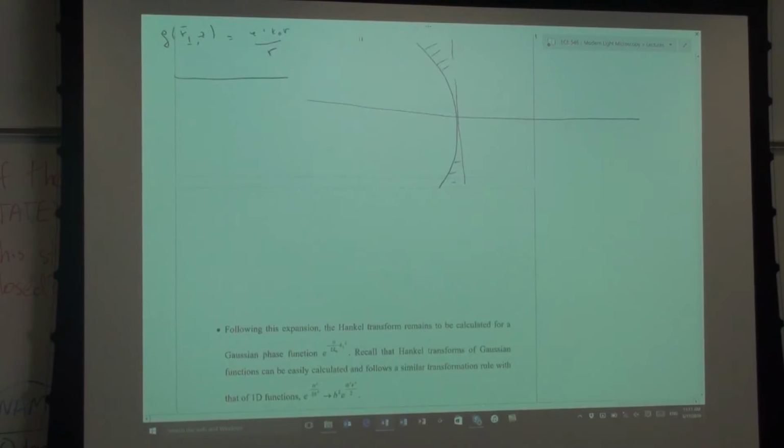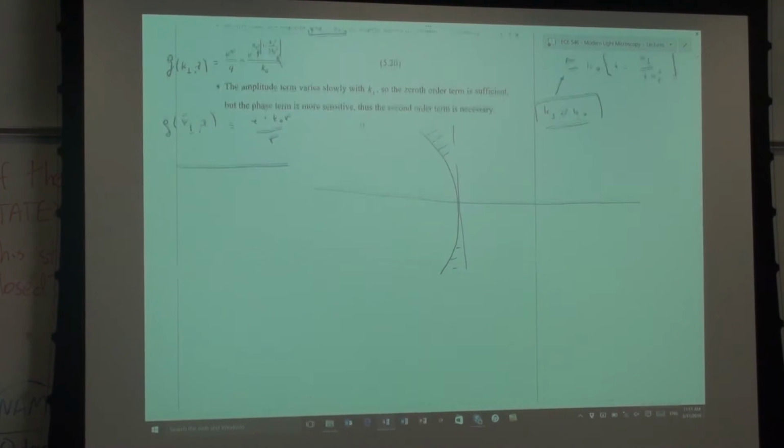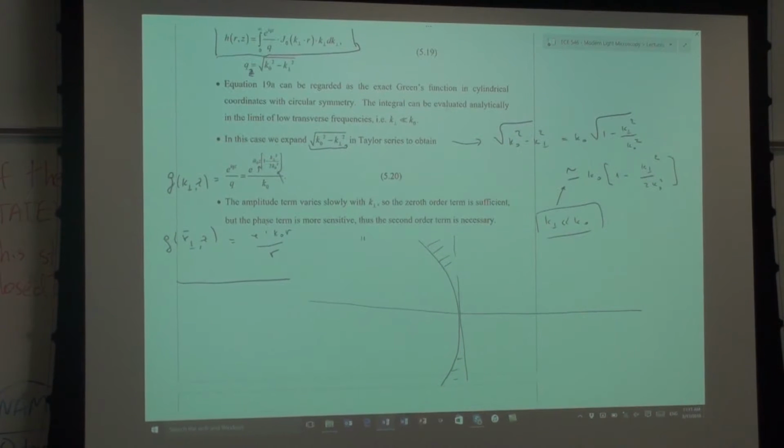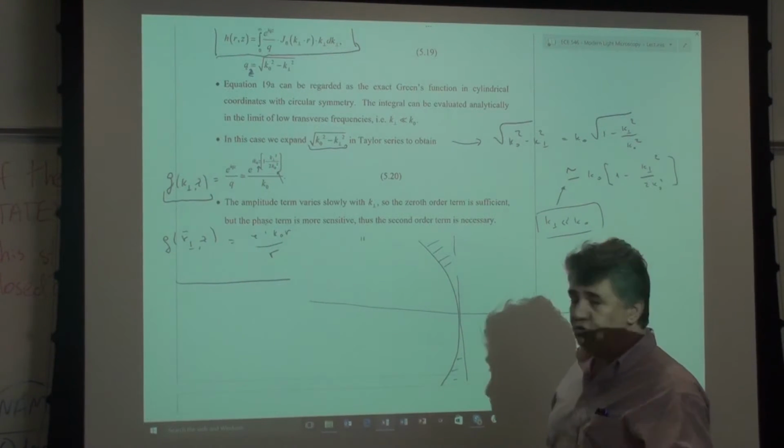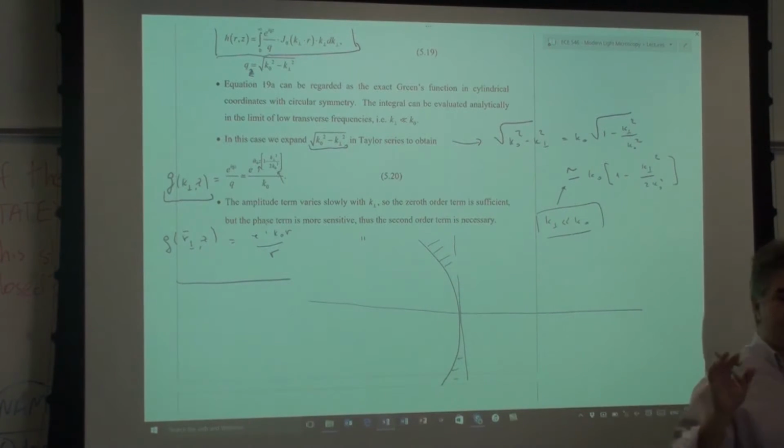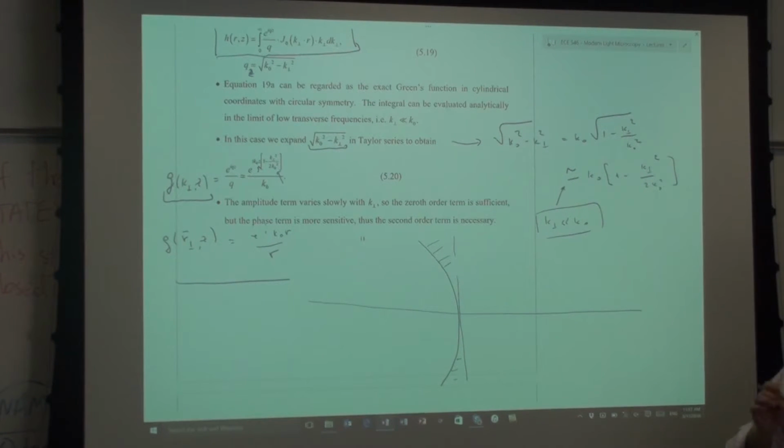Why is it Q at the bottom in the denominator instead of R? Because we are in k perpendicular. I'm trying to force you always to think, the first thing when you look at an equation, figure out which representation you're in. Am I in x, y, z? Am I in kx, ky, and z?